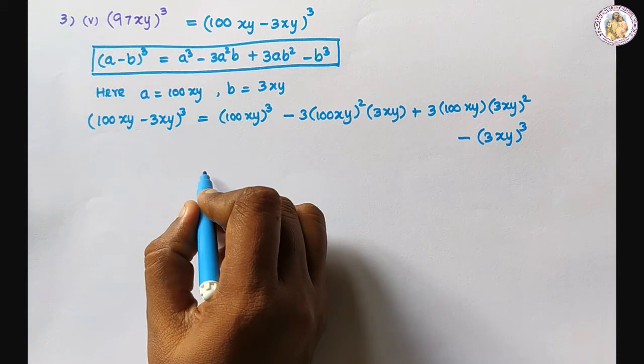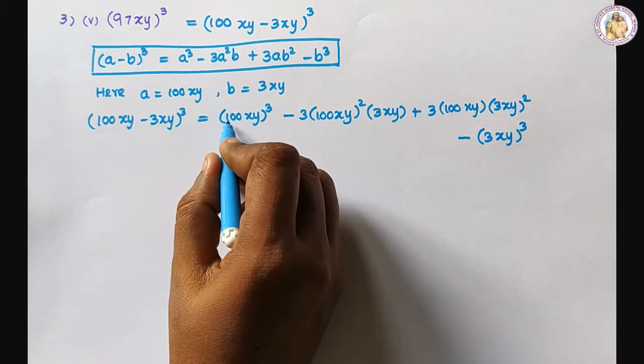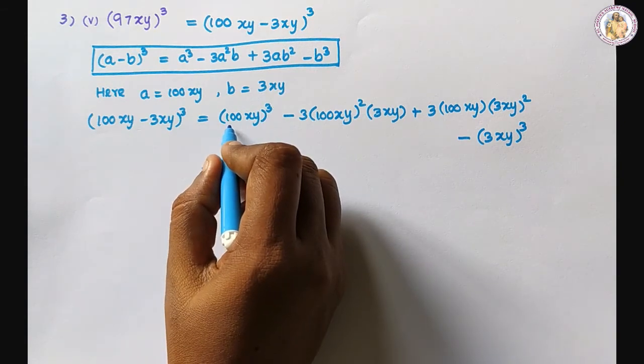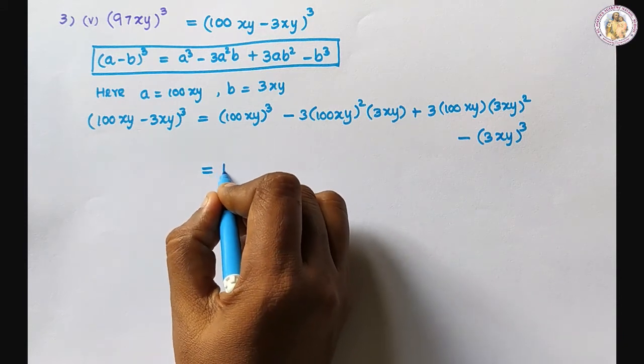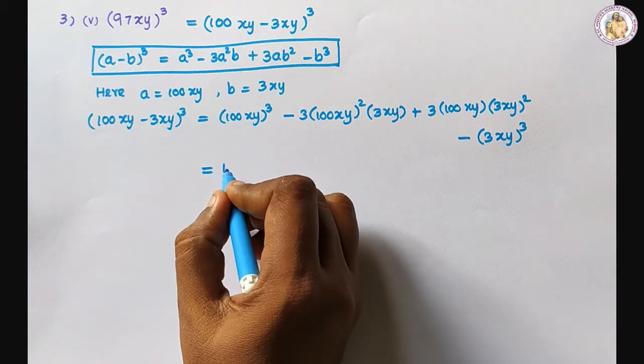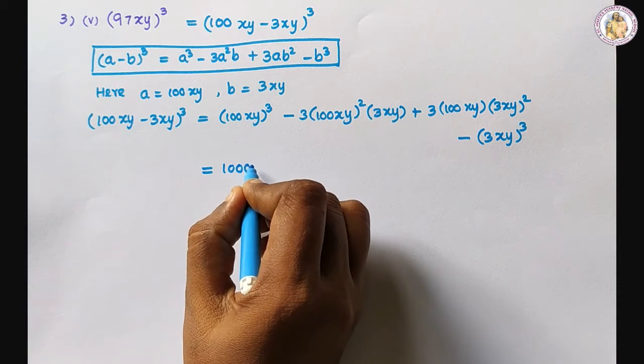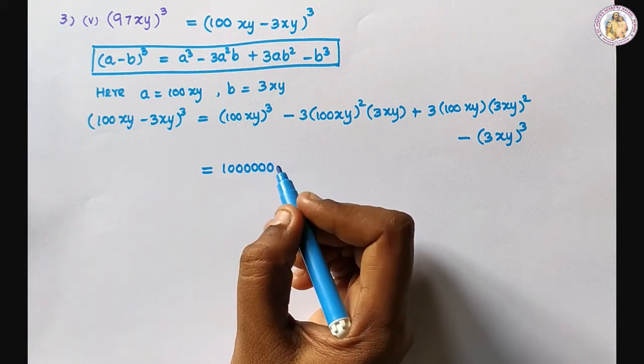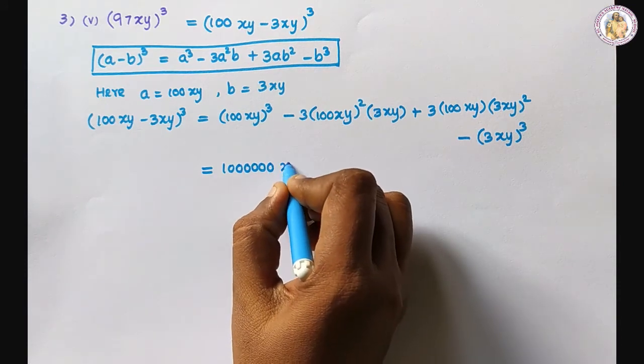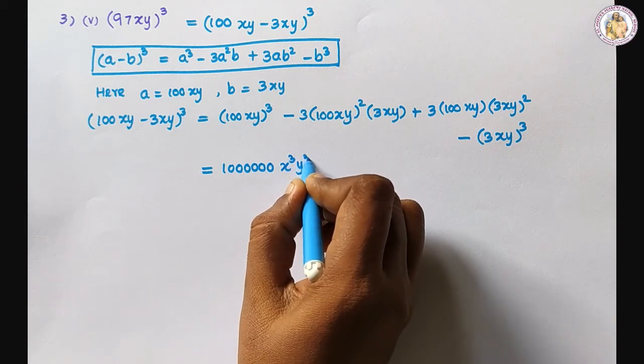Now 100 cube, that is 100 into 100 into 100, that is 10 lakhs. x cube, y cube.